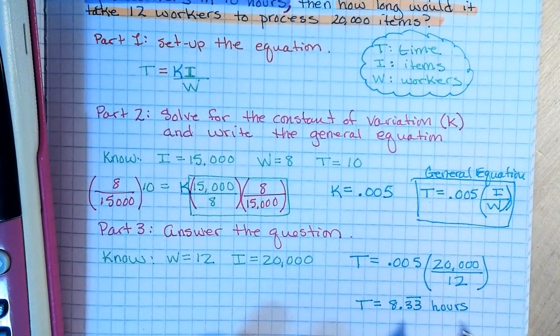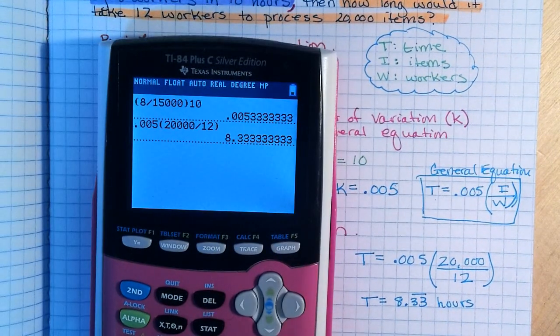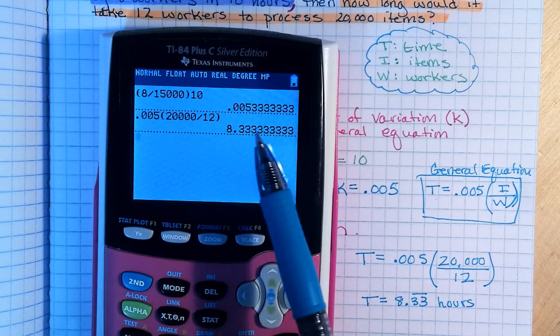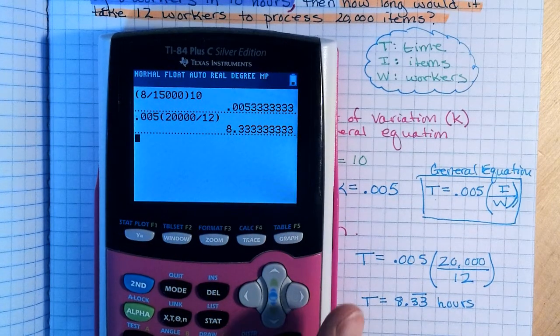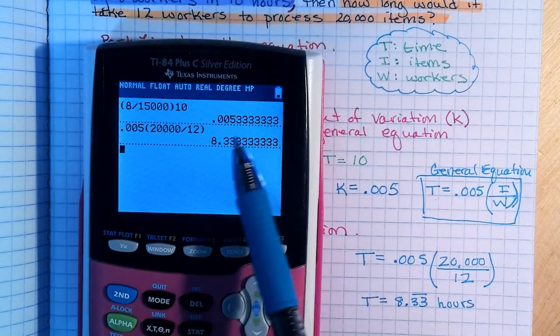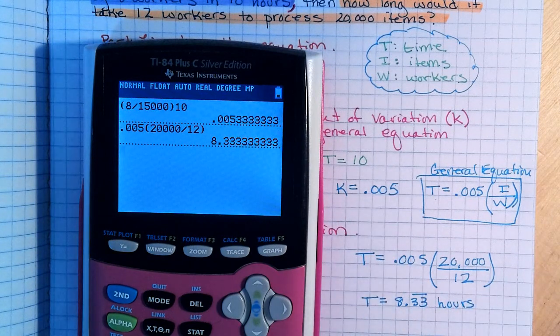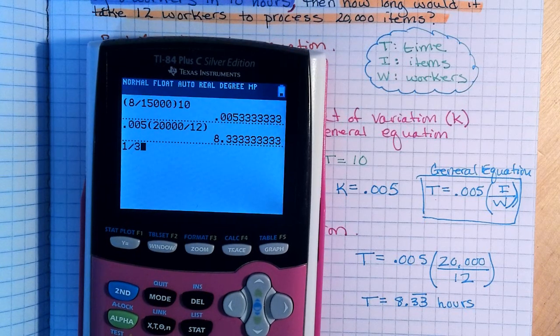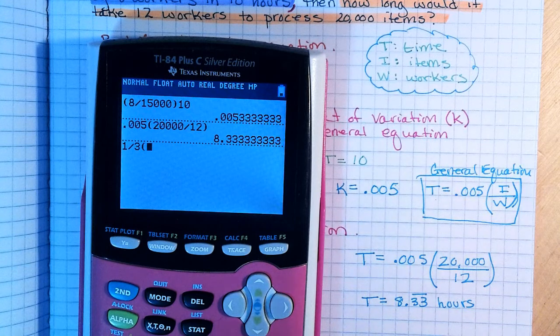I don't know what 0.33 is, so I am just going to do this in my calculator. I know that this is out of 60 minutes. Let's see. I know this is 1/3, so I'm just going to say 1/3, and you can figure that out by putting 0.33 repeating in there.